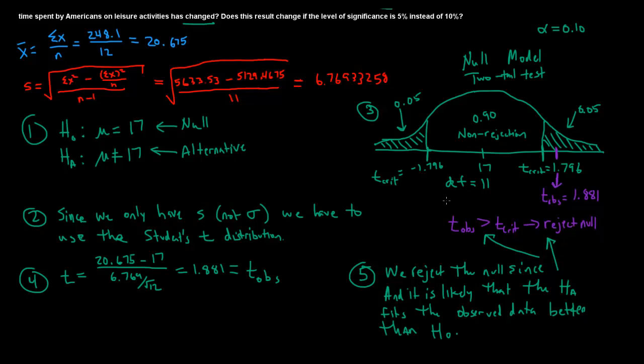Now, let's go back here. I want to talk about the p-values here. I showed that we could reach this conclusion by noticing that the observed t-value was greater than the critical t-value. So we reject the null hypothesis. Now, what about the p-value? We could also find the p-value that's associated with an observed t-value of 1.881.